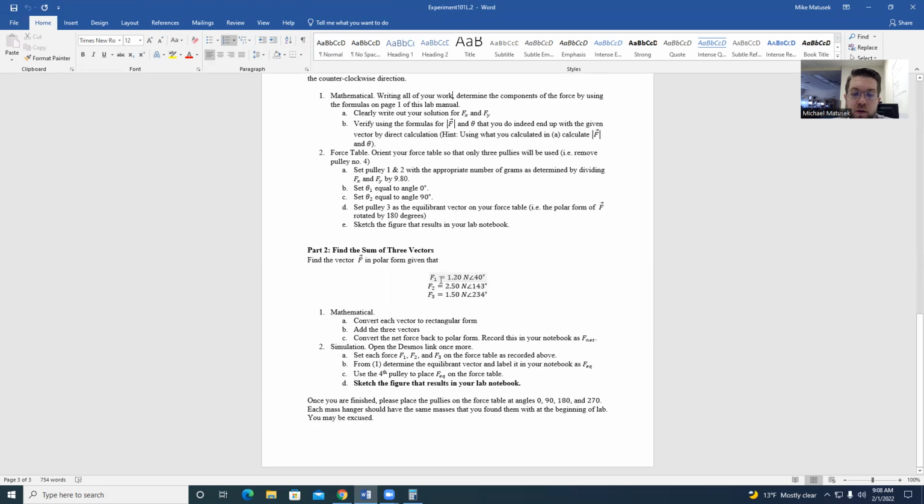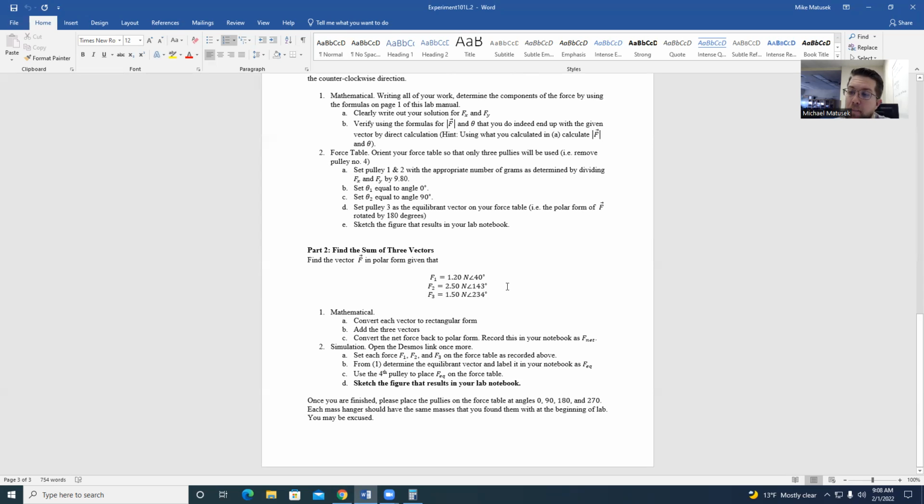The second part requires you to break 3 vectors down and then add those together to find the net result or the sum of the vectors. So basically you'll have an X and Y component for F1, an X and Y component for F2, and an X and Y component for F3. You'll add all the X components together and all the Y components together, and that will get your net force in rectangular form.